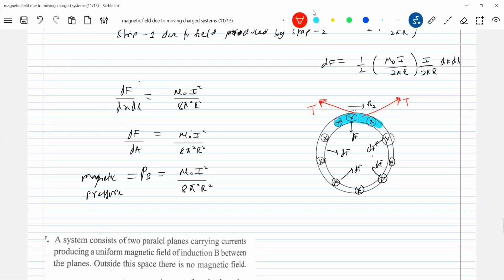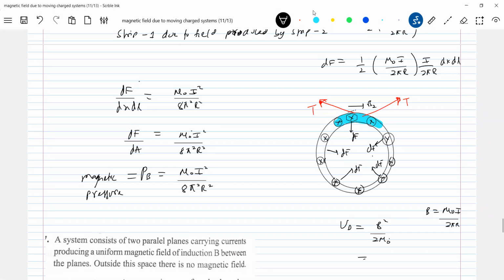So when you get a problem like this, you can write the formula energy density B squared by 2 mu naught. Calculate B squared, you get the same answer. What is B equal to? Mu naught I by 2 pi r. Substitute that.